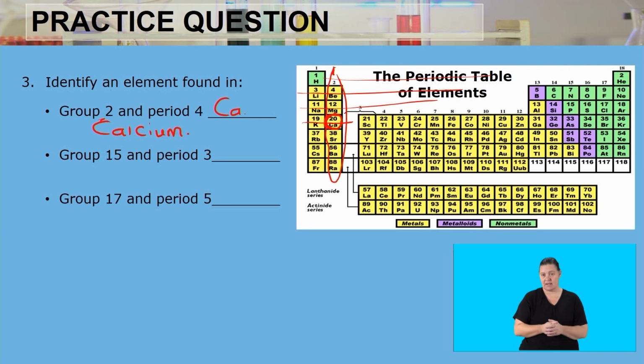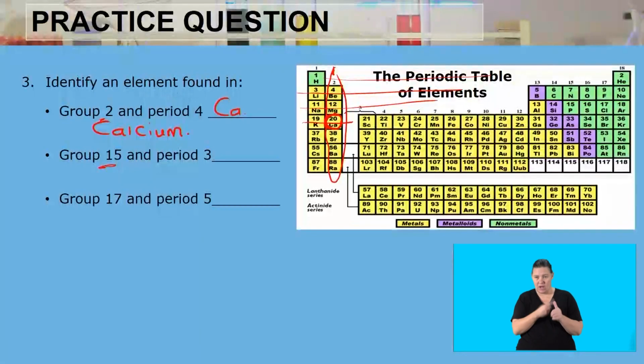So therefore, that's going to be Ca, which is calcium. Then the second question from there is group 15 and period 3. Groups, periods, remember, groups, vertical, periods, across, which are horizontal. Then looking at group 15, we count 1, 2, 3, 4, 5, 6, 7, 8, 9, 10, 11, 12, 13, 14, 15. So we are looking for an element somewhere in the nitrogen family, because the first element in this group is your nitrogen.